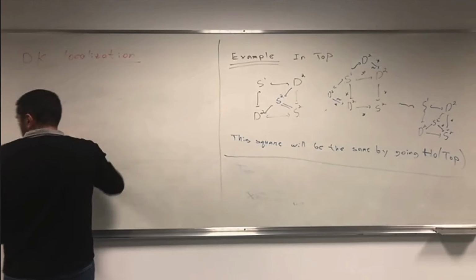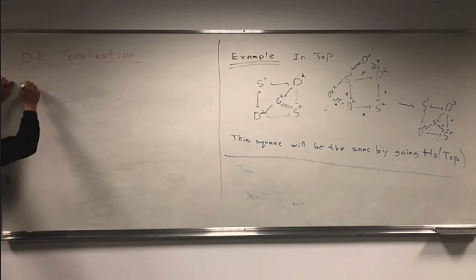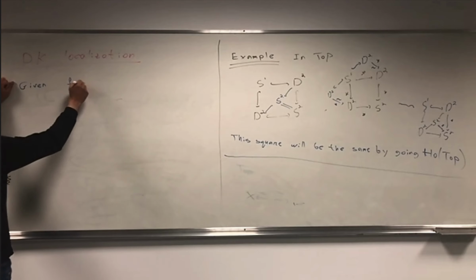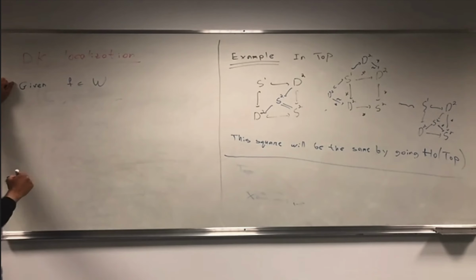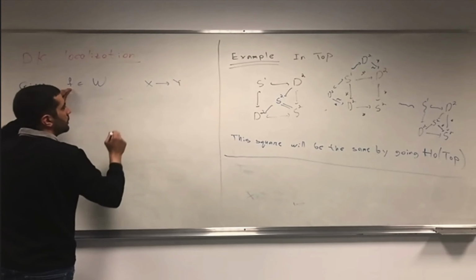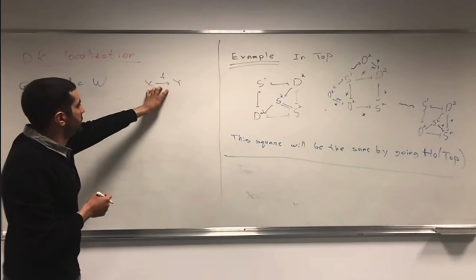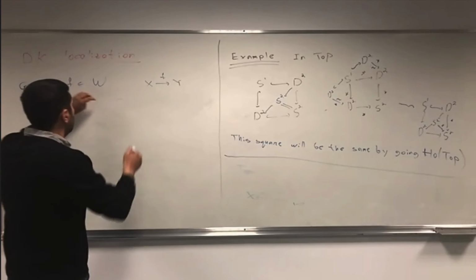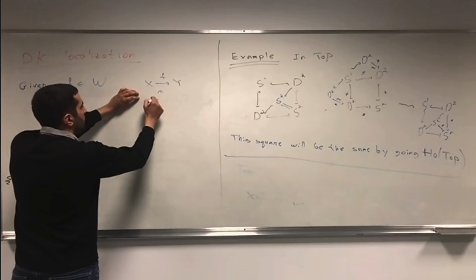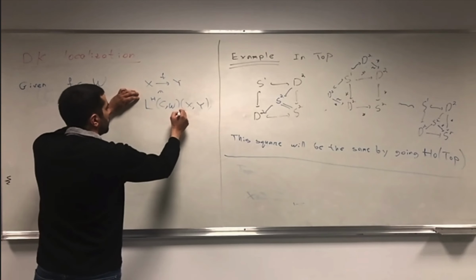Okay, let's prove this. Given f in W, from x to y, we know that this will be a 0 simplex, in the 0 level of this one.